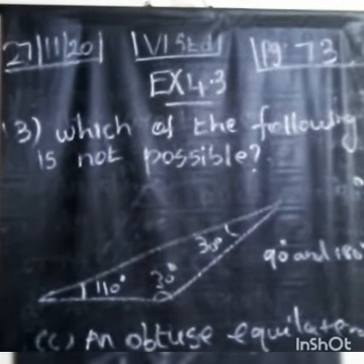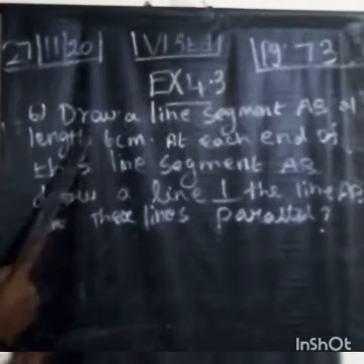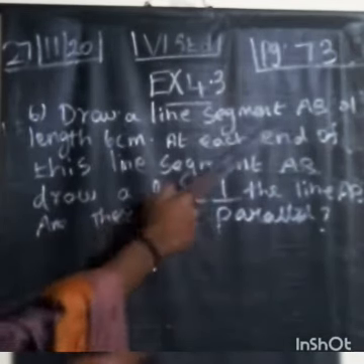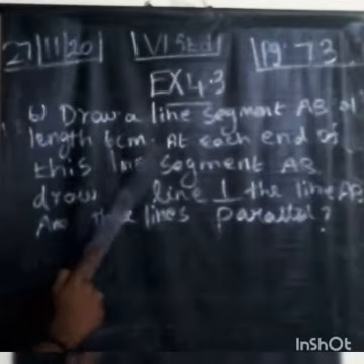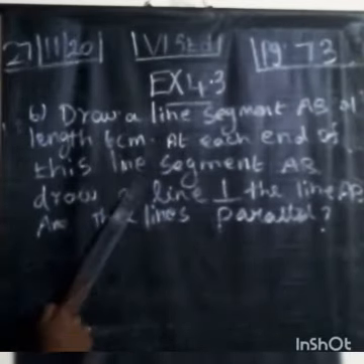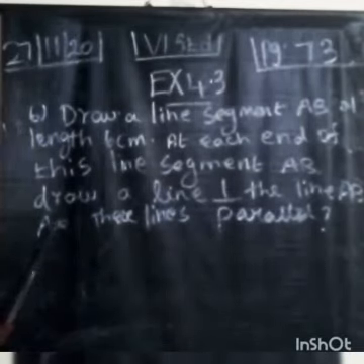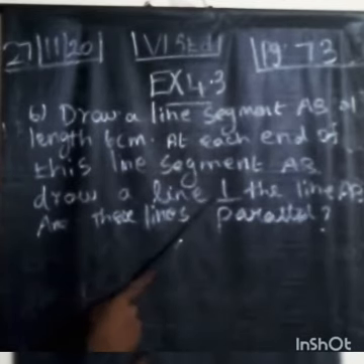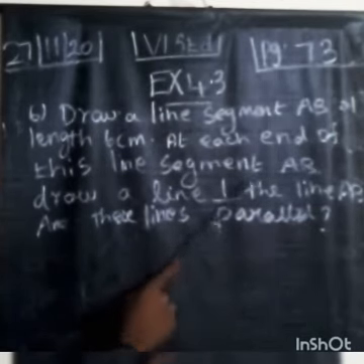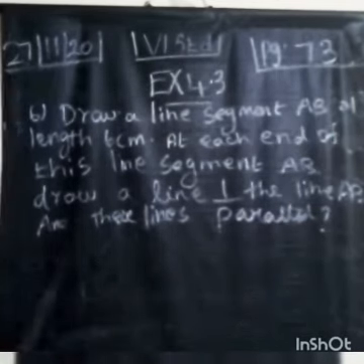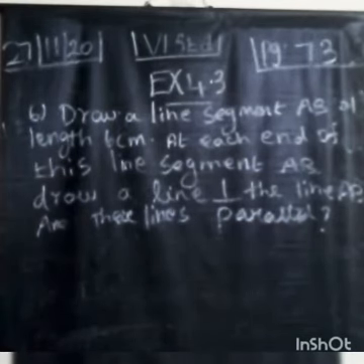Question number 6. Draw a line segment AB of length 6 cm. At each end of this line segment AB, draw a line perpendicular to AB. Are these lines parallel? How do we construct this?